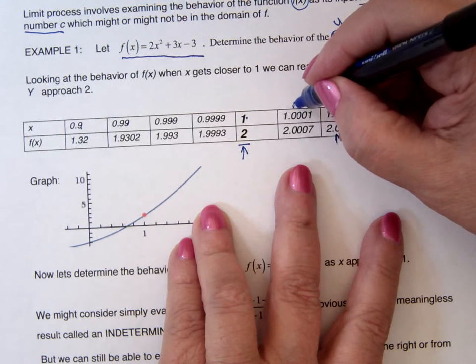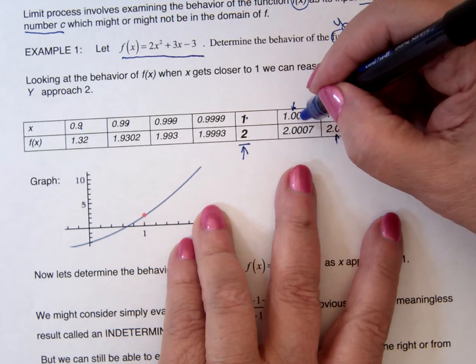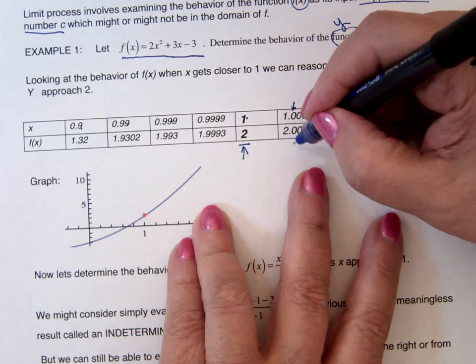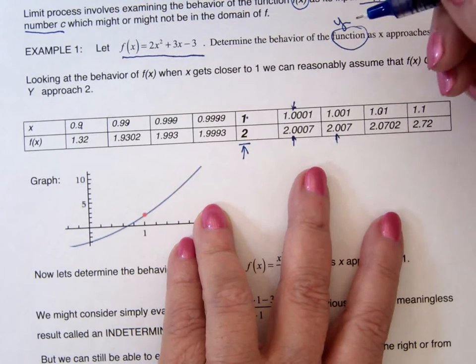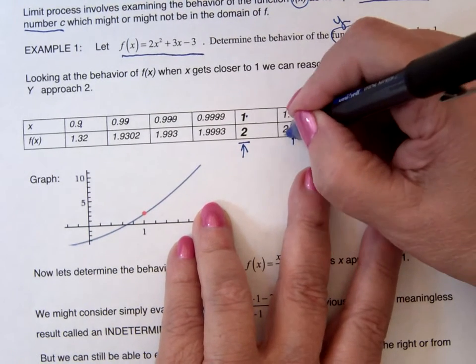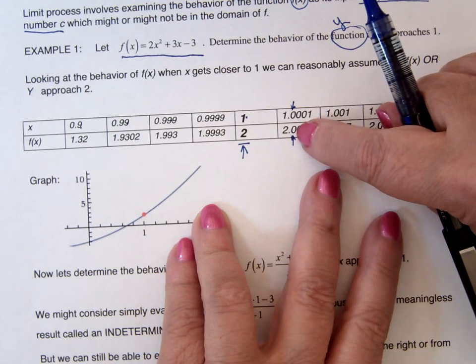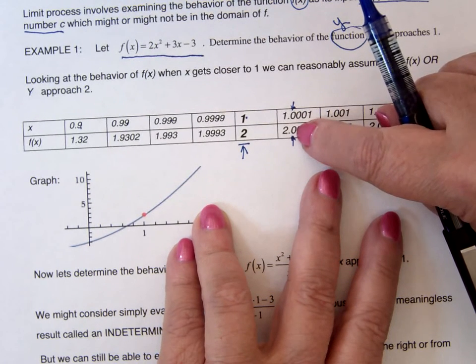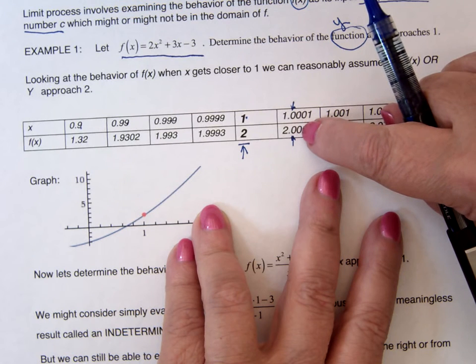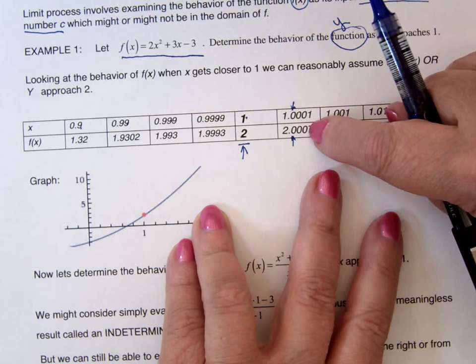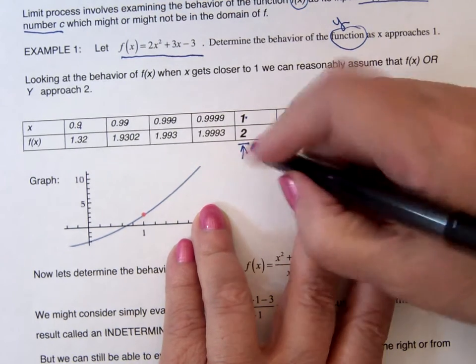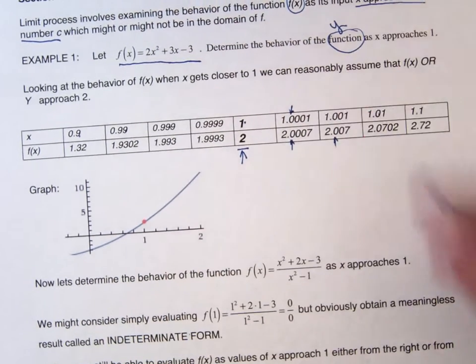I add another 0 behind the 1 on the x, and another 0 behind the 2 on the y. If I round this to the nearest integer, it's 2, the nearest tenth, it's 2, the nearest hundredth, it's still 2. It's getting closer and closer to 2.